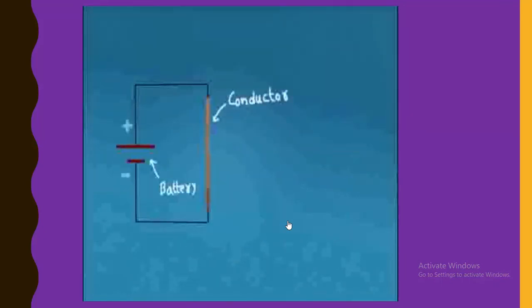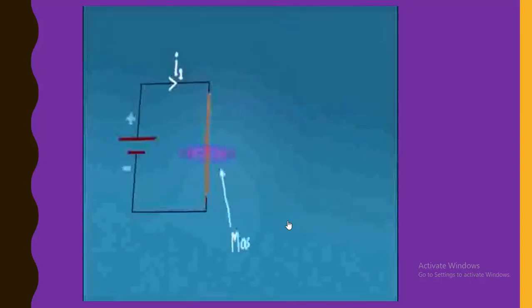The working of a transformer can be understood by taking a simple example of a small piece of wire carrying current when it is connected to a battery. As a result, a magnetic flux gets set up around the conductor.